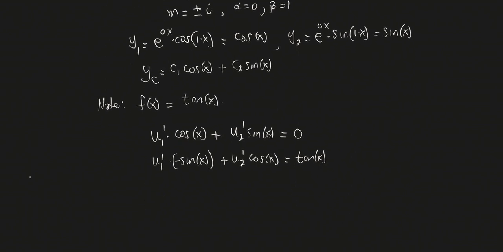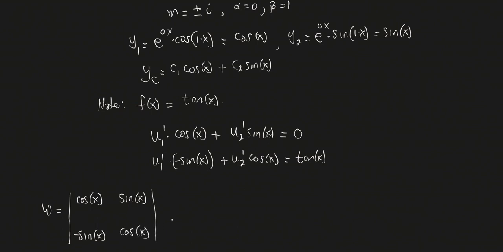So let's write down our W. And W is just going to be our regular Wronskian. So take your y1 and y2 and fill out the first row. So we have cosine of x, sine of x, and then fill out the second row with their derivatives. So negative sine of x and cosine of x.